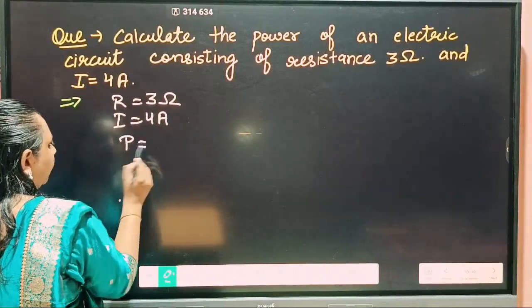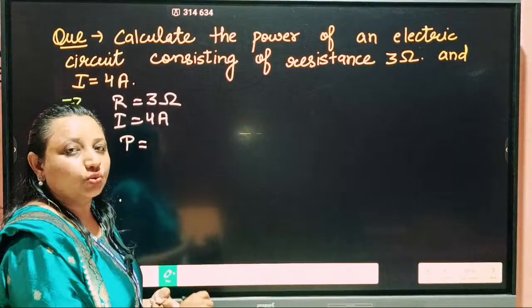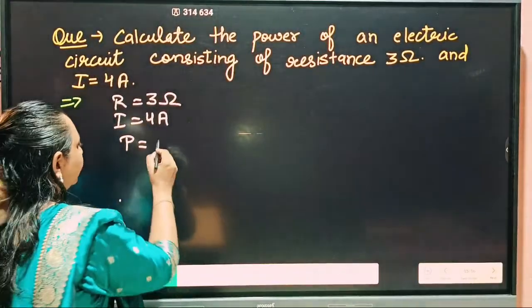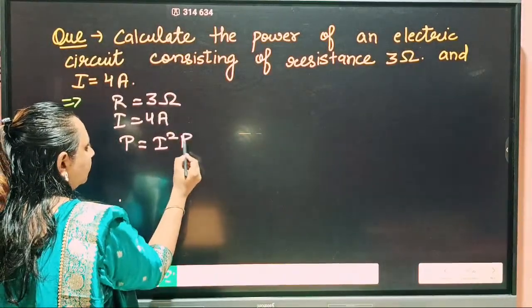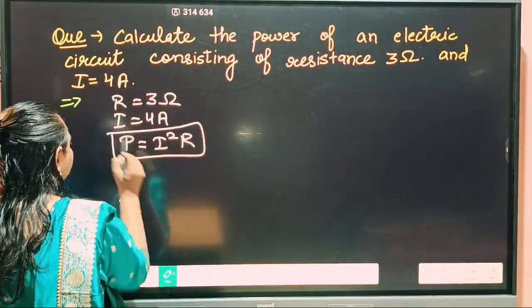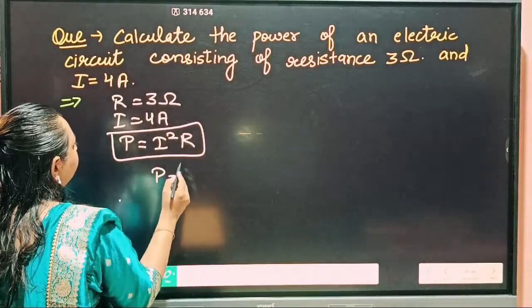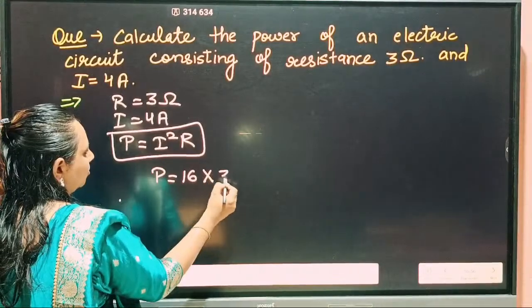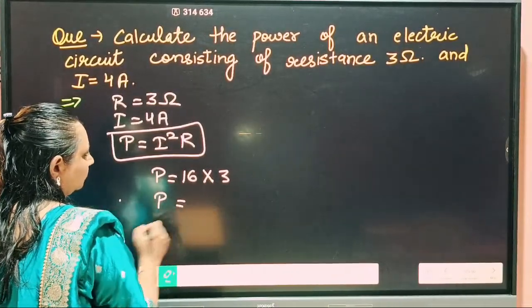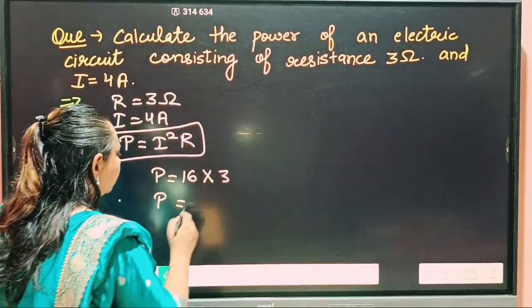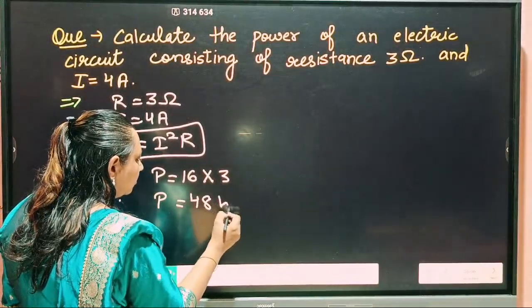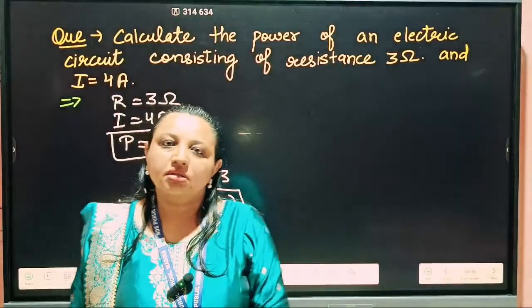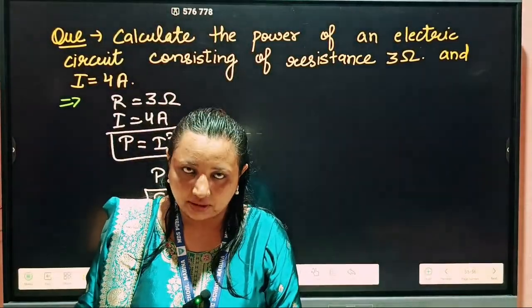And the formula for power is VI, I square R and V square upon R. R and I are given. So we're going to use I square R. Putting the required values, 4 square, that means 16, into 3. So it's 48 watt. Right? This is how we can find the power.